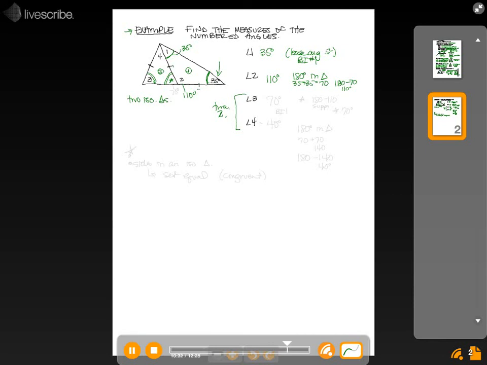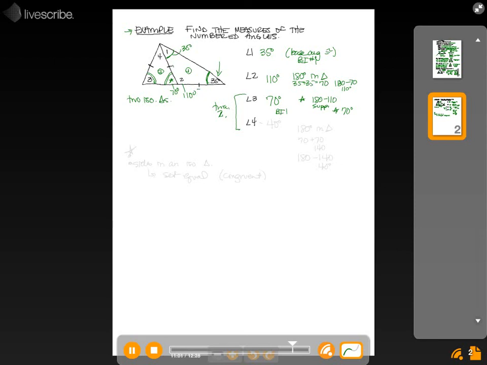So to get the star, we would do 180 minus 110. The reason we do that is that they're supplementary. They make a straight line. So the starred angle is 70 degrees, which means angle 3 is 70 degrees. That's, again, big idea number 1. The base angles are going to be congruent in an isosceles triangle.